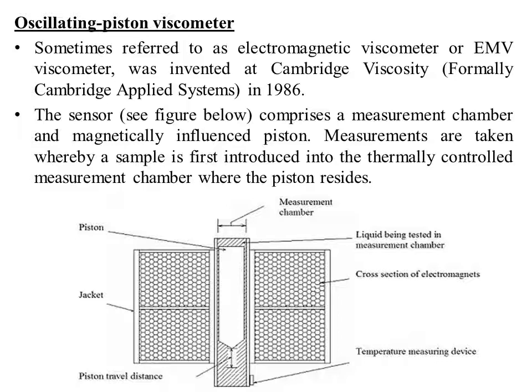Measurements are taken whereby a sample is first introduced into the thermally controlled measurement chamber where the piston resides. So you will be filling it with a liquid and there will be a piston, and over that you will be having the magnetic chamber and it will be controlled magnetically.